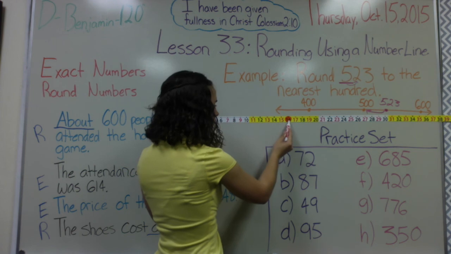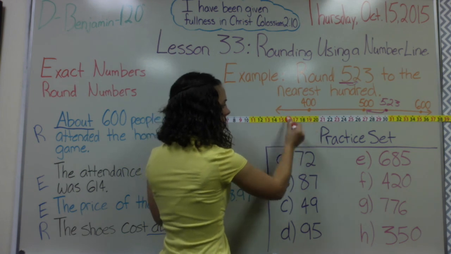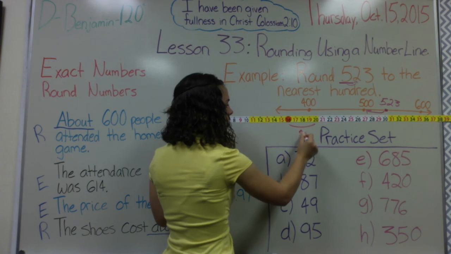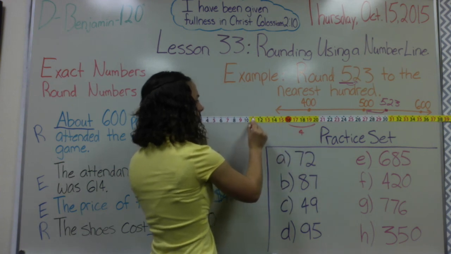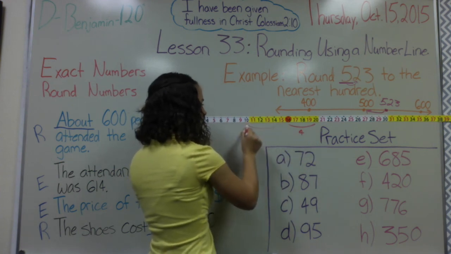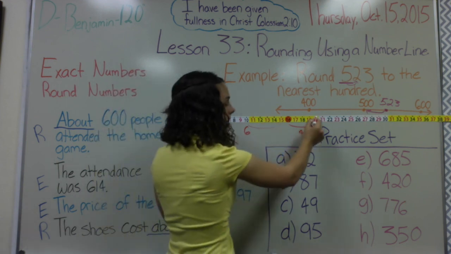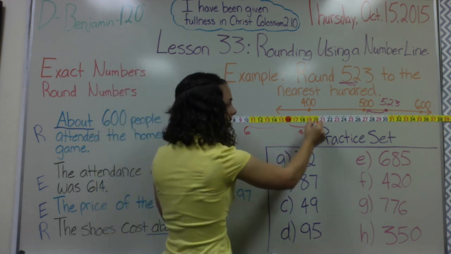I'm 1, 2, 3, 4 away from 20, and I'm 1, 2, 3, 4, 5, 6 away from 10. So I'm closer to the nearest tens, which is 20.